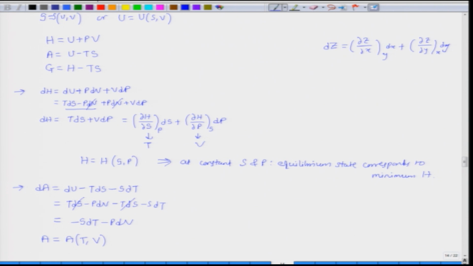So, at constant temperature and volume, the equilibrium state corresponds to minimum in Helmholtz free energy.